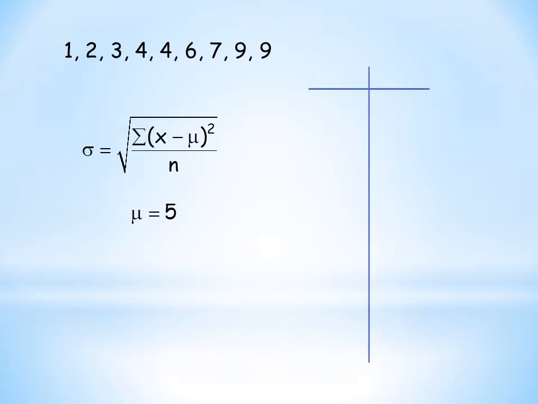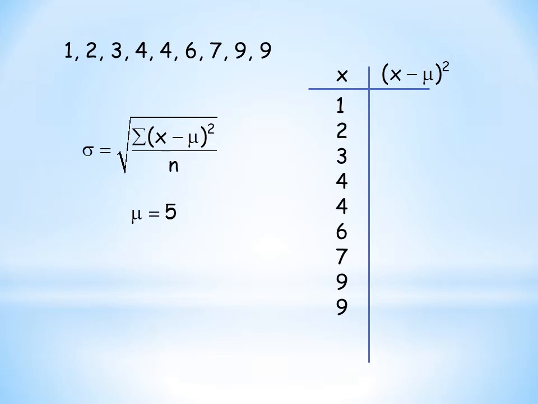So let's look at an example. Here are some numbers. Here's our formula. The easiest way to do this by hand is simply to first find your average or mean, because you need that in your formula, and then to make a table. Put all your x's down one side, and then put your x minus the average, squared, on the other side.